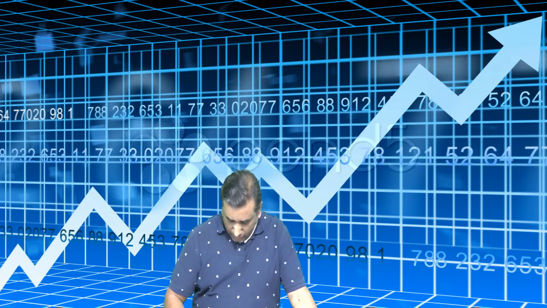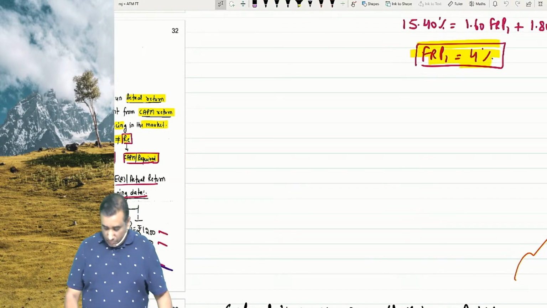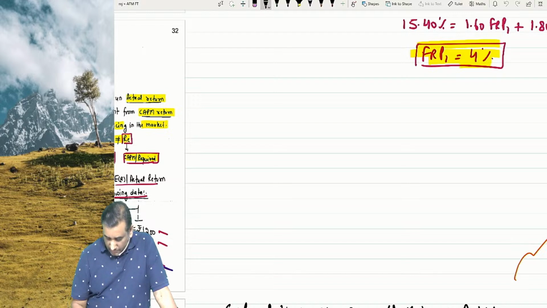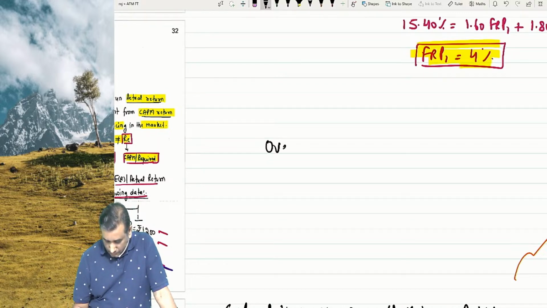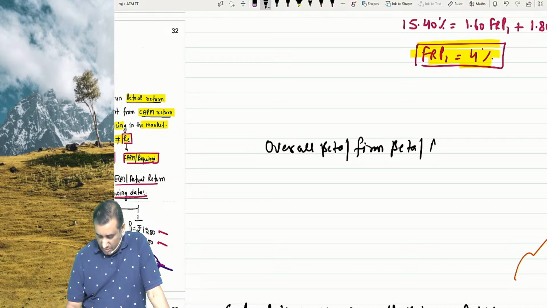Move to overall beta. Let's write down. We move to overall beta, firm beta or asset beta.